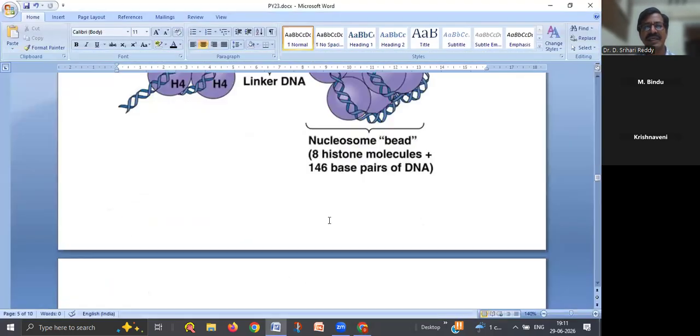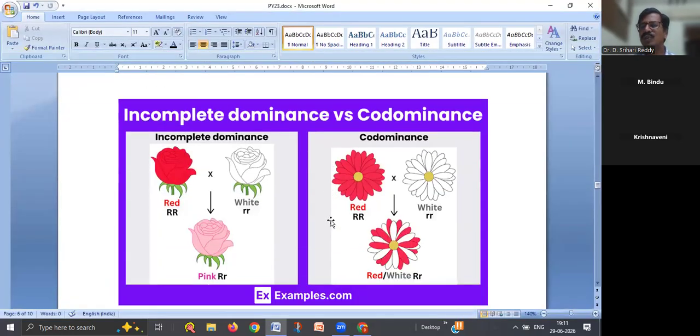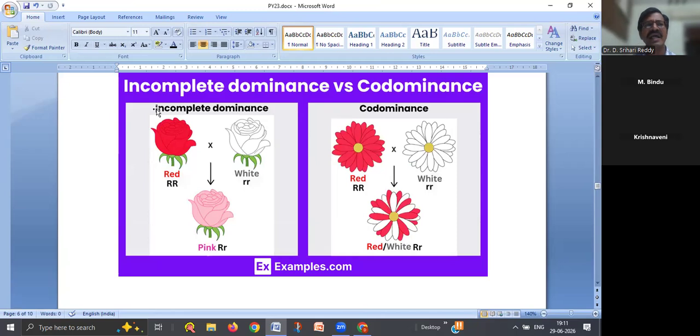You see, there are two terms in genetics: incomplete dominance versus codominance. What is the difference between incomplete dominance and codominance? If there is total dominance, then the phenotype will be red color. In incomplete dominance, you see the pink color, instead of red or white.